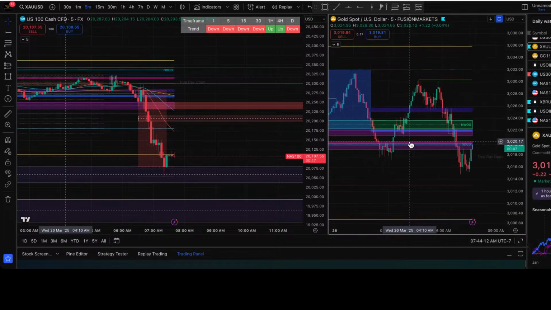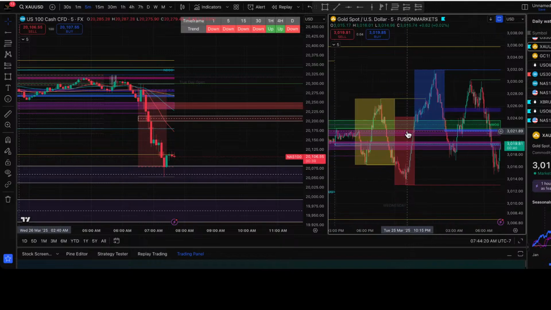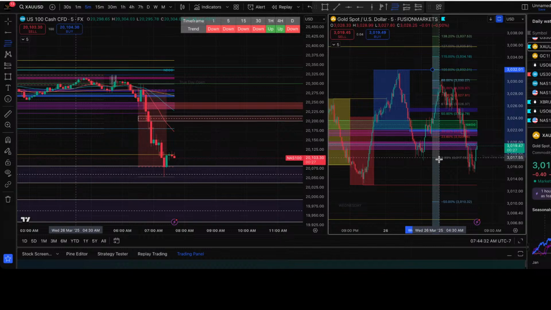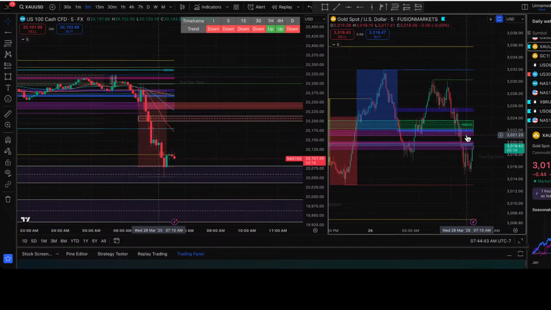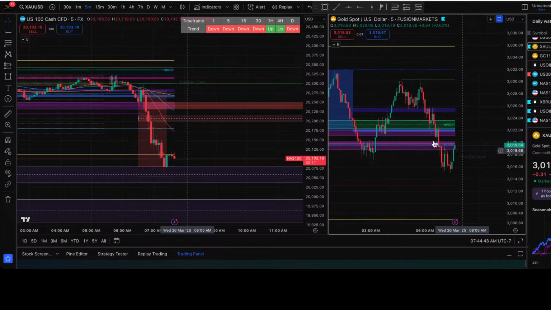So with gold, we had something similar. We had a sell model. With the sell model, it came back up, did a pretty deep retracement. There's the top of the manipulation zone, and there's the bottom of the manipulation zone.